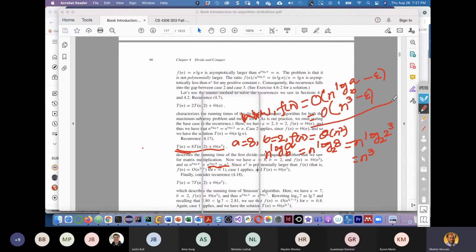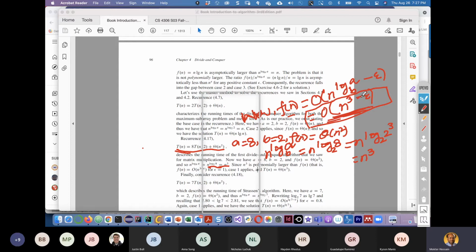So now in this formula, does there exist a positive epsilon value for which this value will be equal to f(n)?